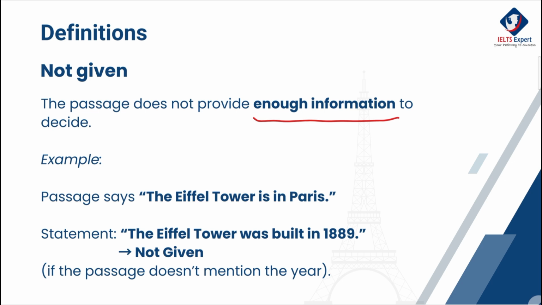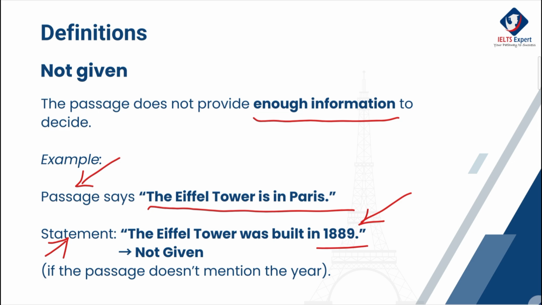Example, when the passage says the Eiffel Tower is in Paris, this is our passage, and the statement mentions the Eiffel Tower was built in 1889. You can see there is no information about the time that the Eiffel Tower was built. So they are not talking about the time the Eiffel Tower was built.